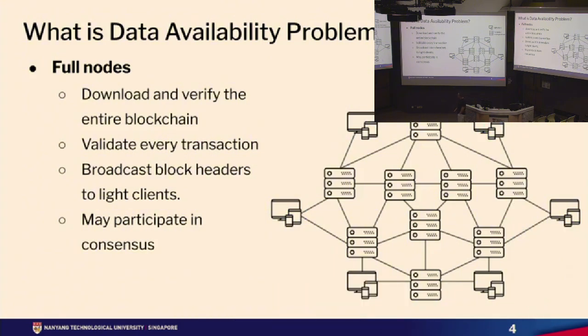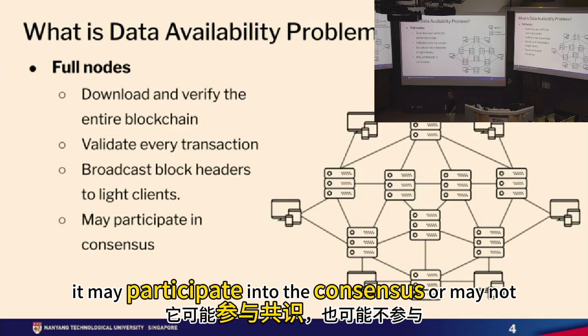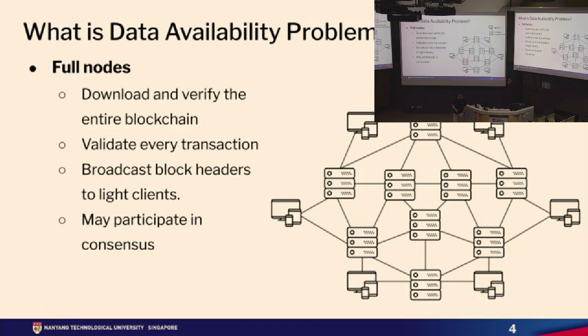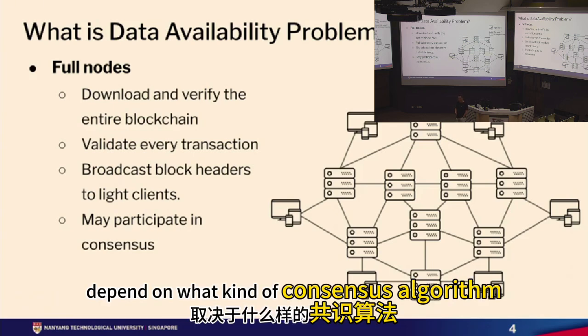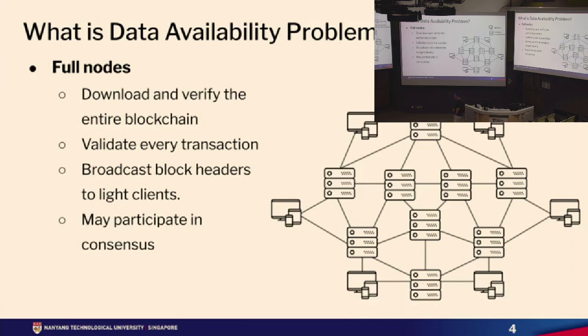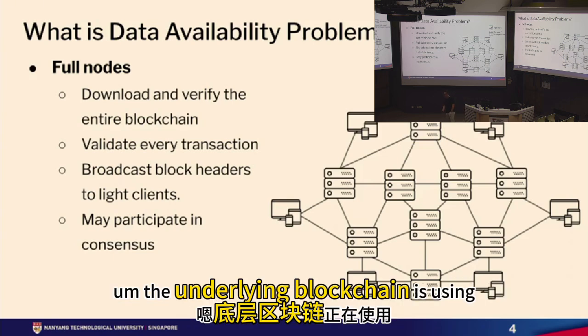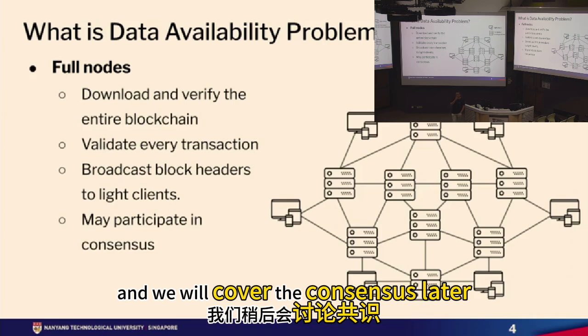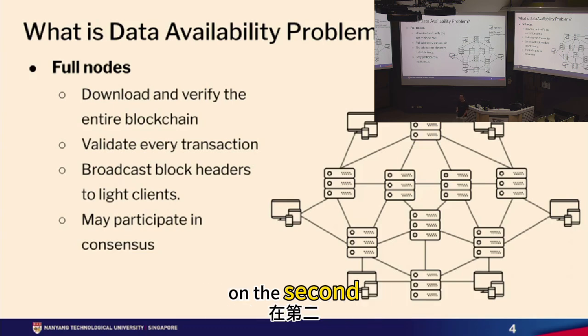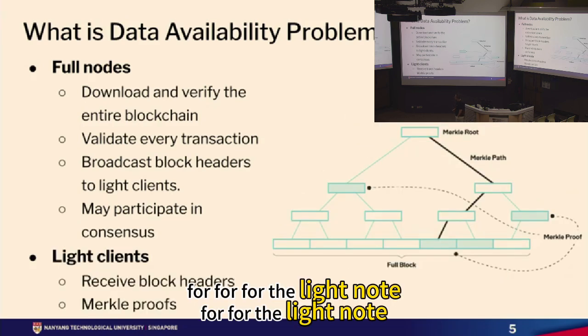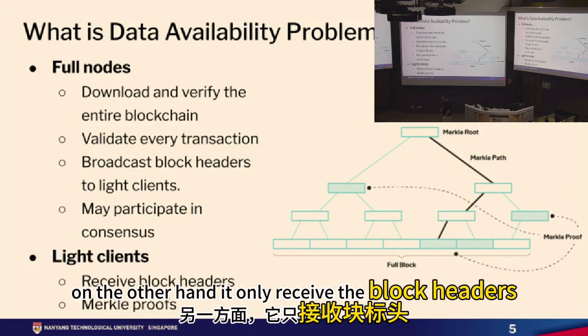They may participate in the consensus or may not, depending on what kind of consensus algorithm the underlying blockchain is using, and we will cover the consensus later in the second half of the session. The light node, on the other hand, only receives the block headers.